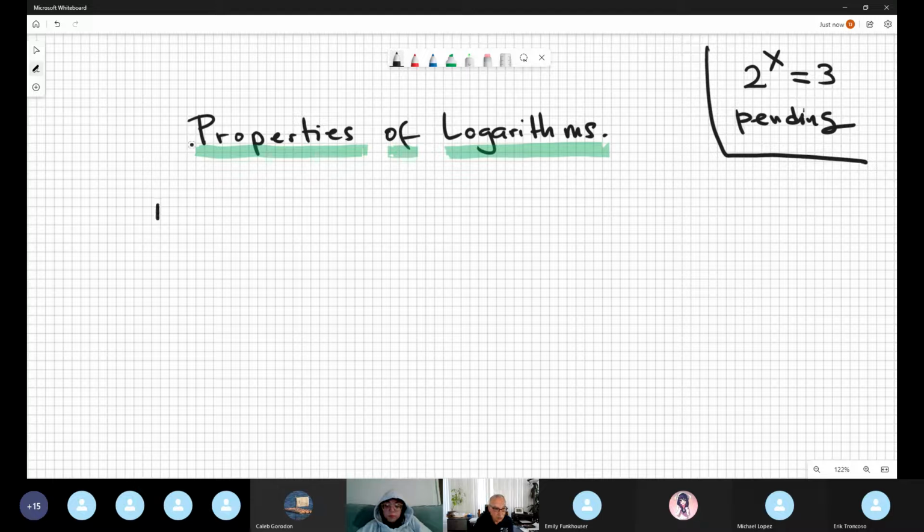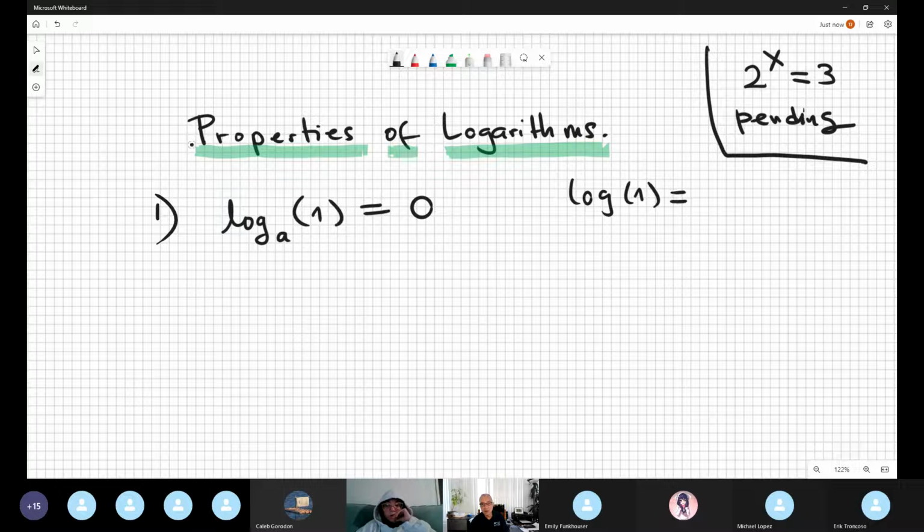Now, the most important, property number 1: the logarithm of any base of 1 is equal to 0. You need to remember this. Standard, non-standard, you put it in the calculator if you want, log 1, I suppose that is common, is 0. You put ln of 1, obviously it is 0.